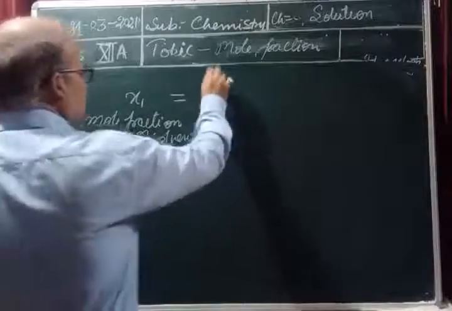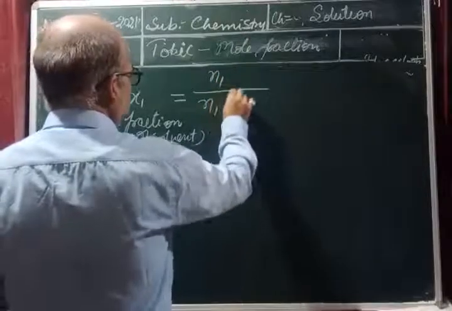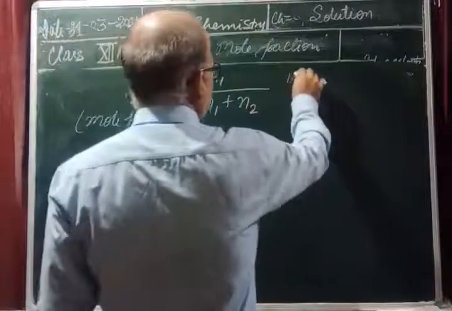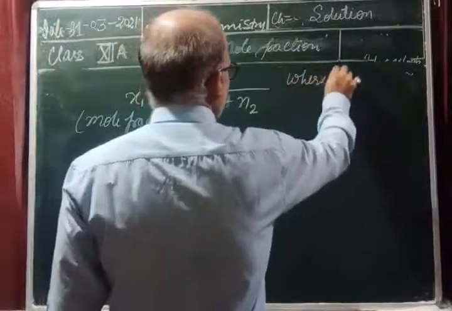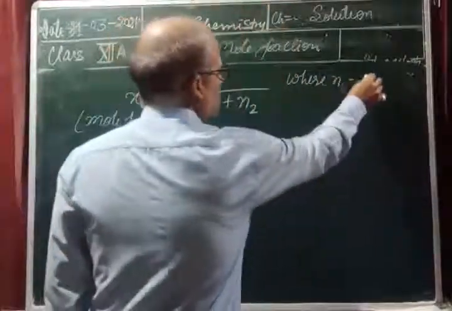X1 is equal to number of moles of solvent upon number of moles of solvent plus number of moles of solute, where N1 is the number of moles of solvent and N2 is the number of moles of solute.